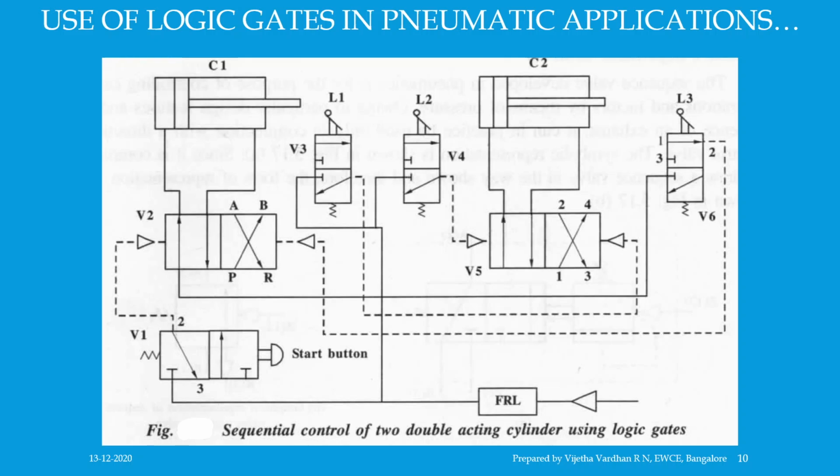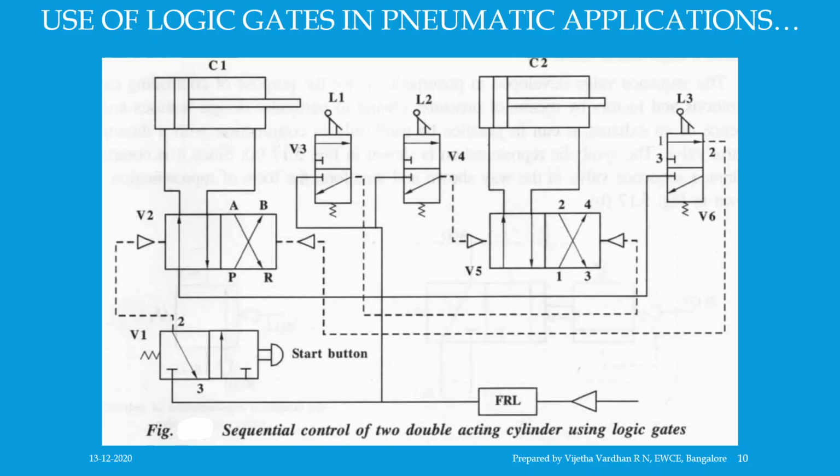At the end of extension of cylinder C2, the piston rod of C2 operates the lever L3 of valve V6, which in turn actuates the valve V6. The valve V6 upon actuation allows the pilot signal to strike the valve V2 and actuates the same.